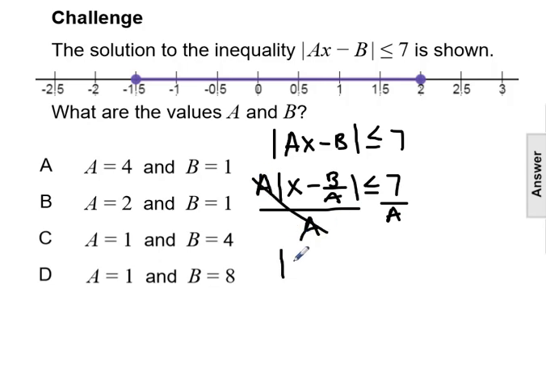then that gives us the absolute value of x minus b over a is less than or equal to 7 over a. Now that there's a coefficient of 1, we have our x minus c is less than or equal to d format.